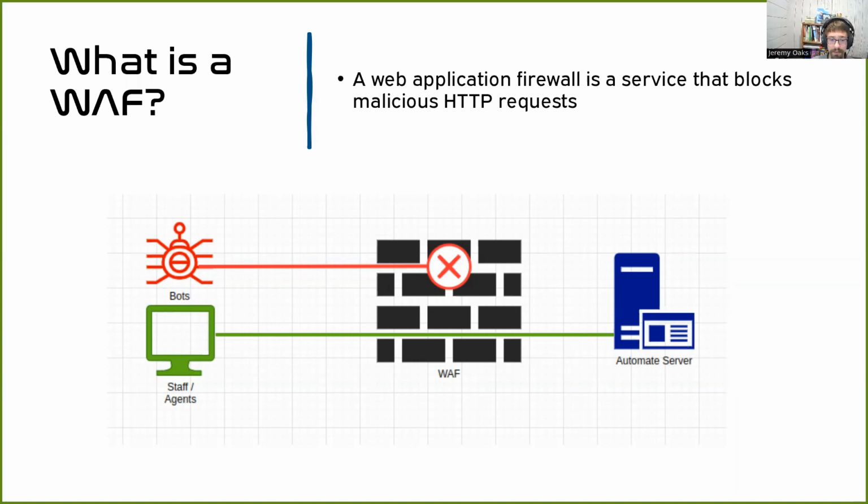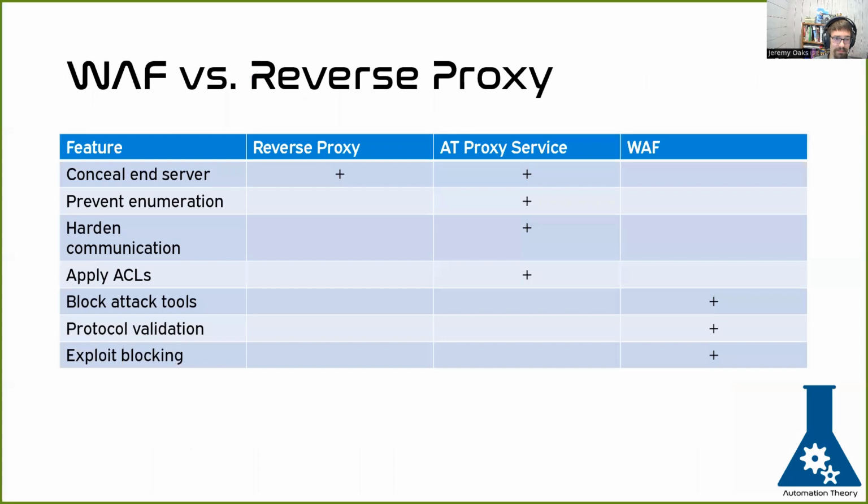Let's clear up one point before we dive into the bits and bytes of the WAF. One very common question that people ask is the difference between a WAF and a reverse proxy. They do have similarities, but they are indeed different technologies. A reverse proxy is simply a web server that forwards requests to a different web server.